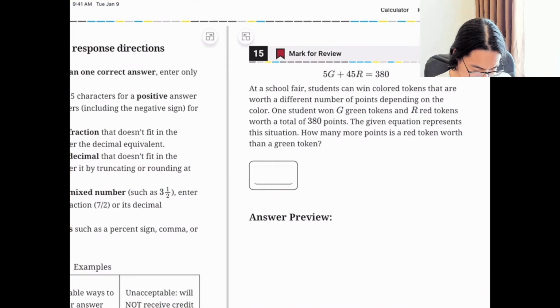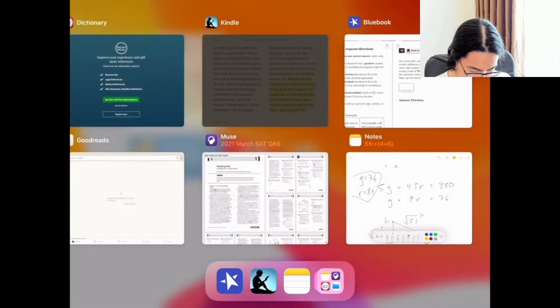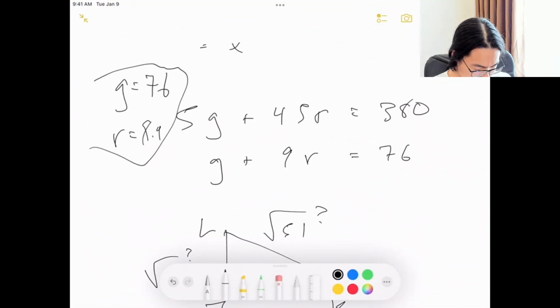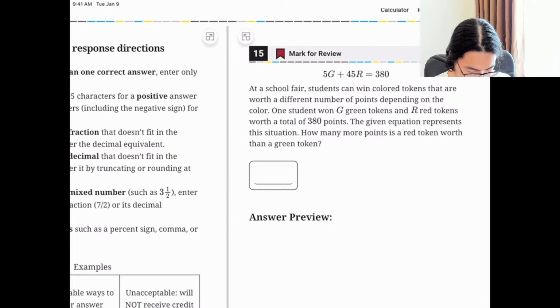How many more points is R worth? R is smaller than G. If I got 0 green tokens, then 380 divided by 45, yeah, it's a fraction.